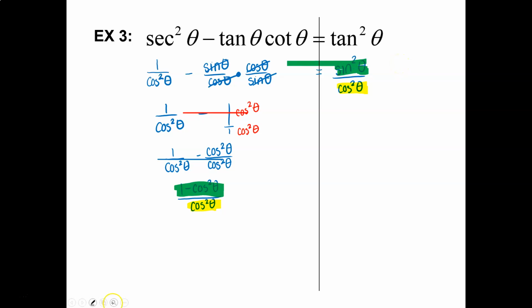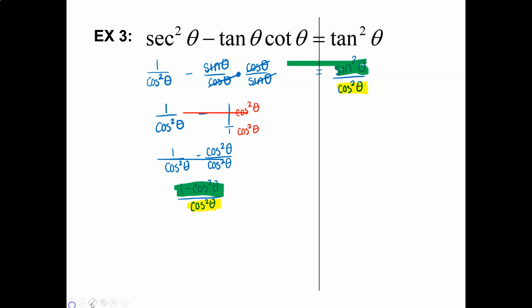So if we look back at those Pythagorean identities, I'm going to do this over here to the side. This is not part of the problem. We know sine squared theta plus cosine squared theta equals 1, right?